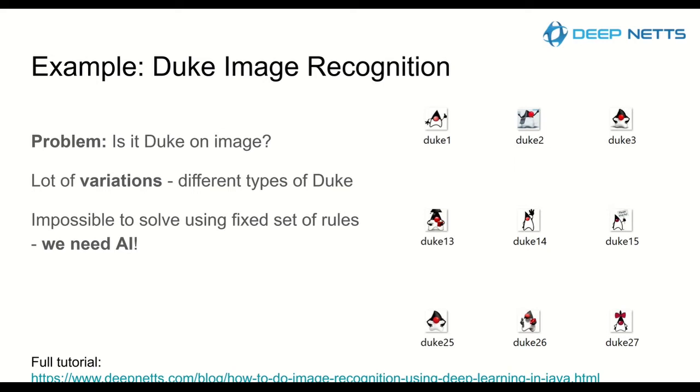The problem with this is that there are a lot of variations. There are a lot of different types of Duke, and this makes the problem impossible to solve using a fixed set of rules, and that's the reason why we need AI. Usually images may vary in size, color, shapes, but these are all Dukes.